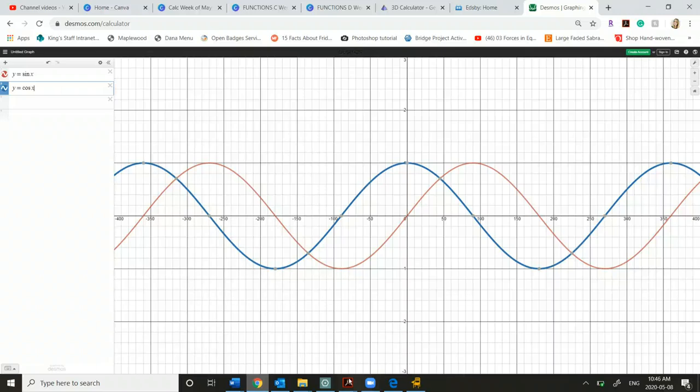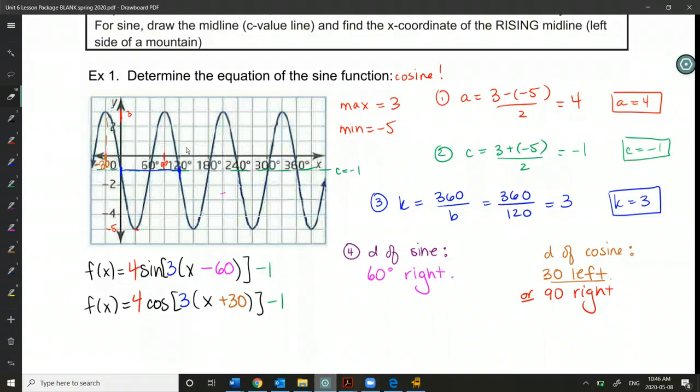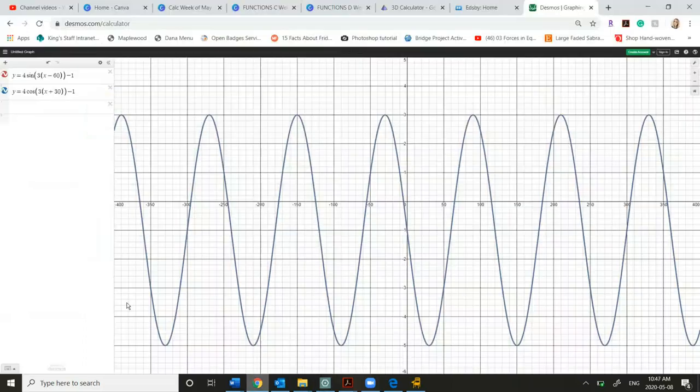So when I'm looking at the equation for the graph that we just did, I can express this in many different forms. I can express this as sine or cosine with many different d-value shifts for both of these because they're periodic functions. So I'm going to show you in Desmos here how these two functions, even though they look different, are actually producing the same graph for us.